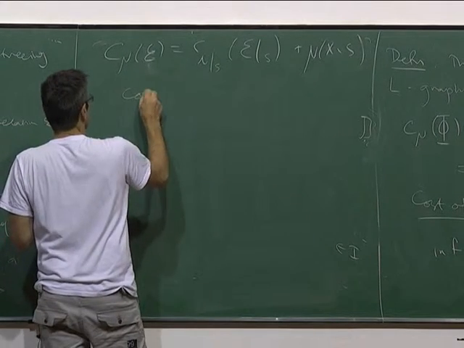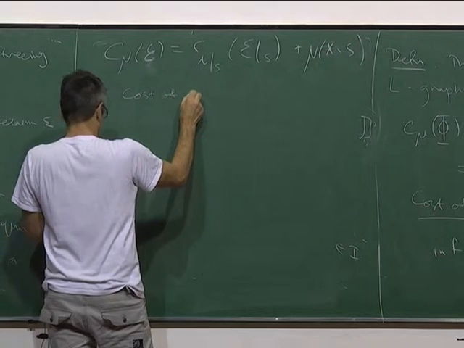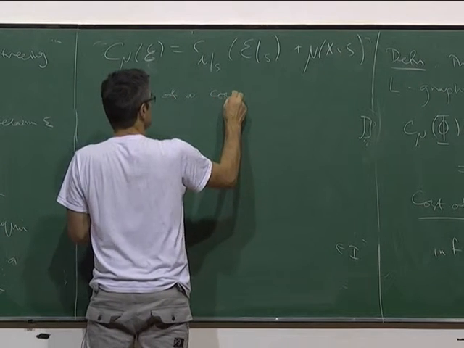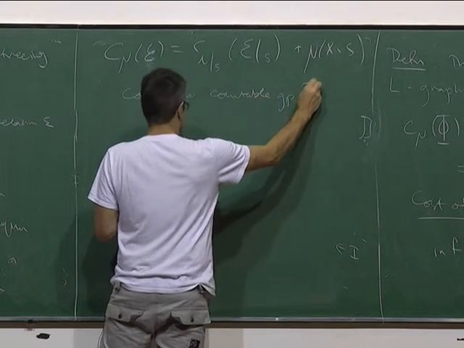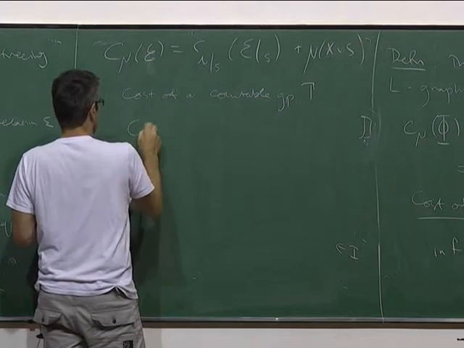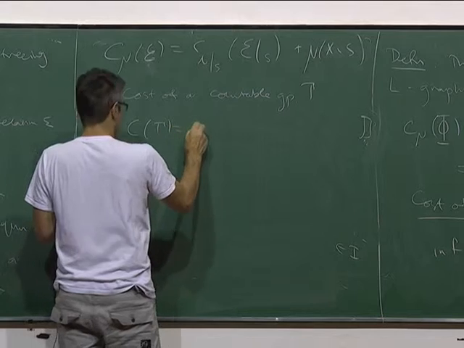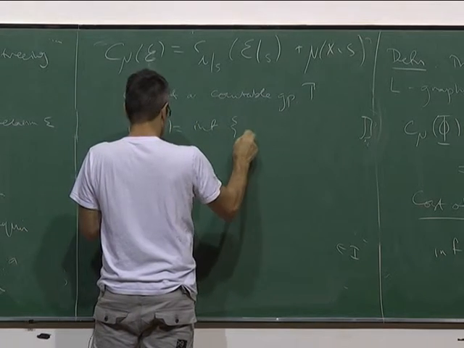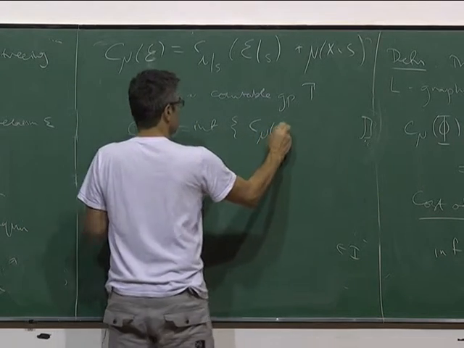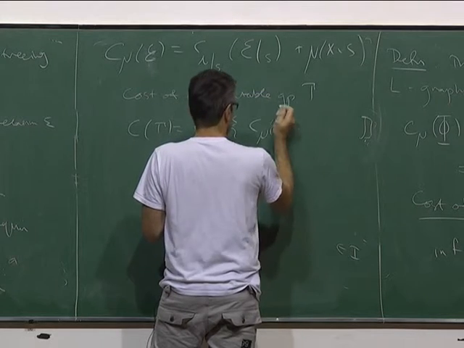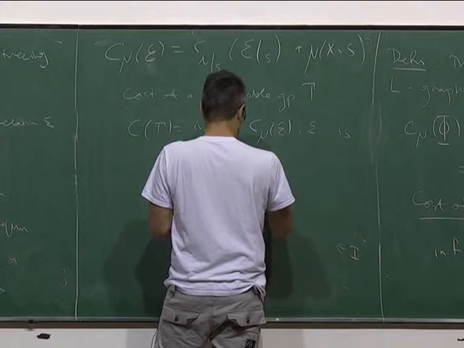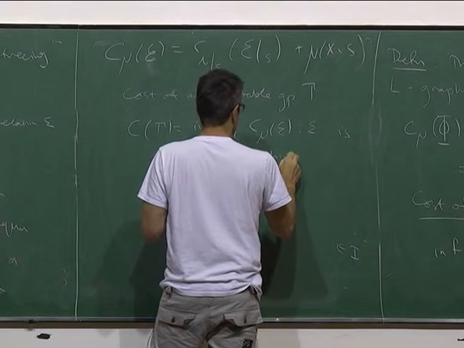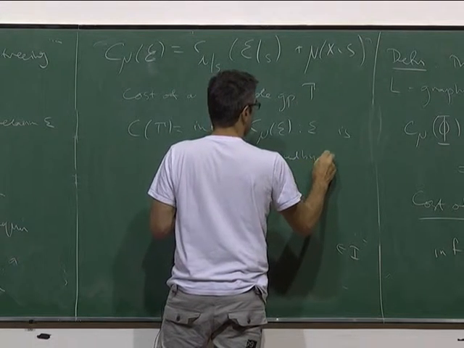So it defines the cost of a countable group gamma, C of gamma, to be the inf of the costs of all E such that E is induced by a free action.